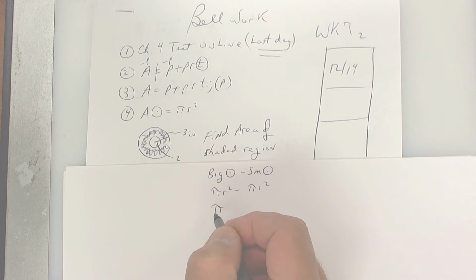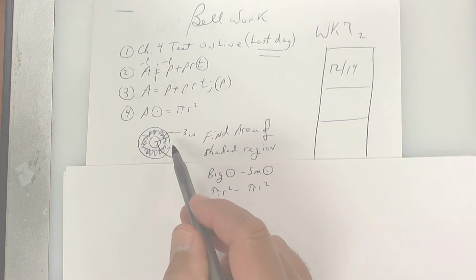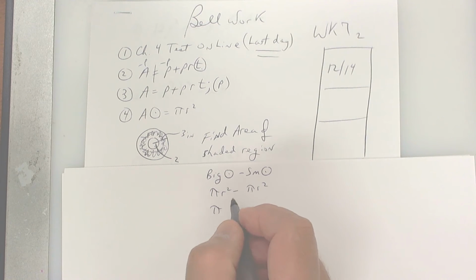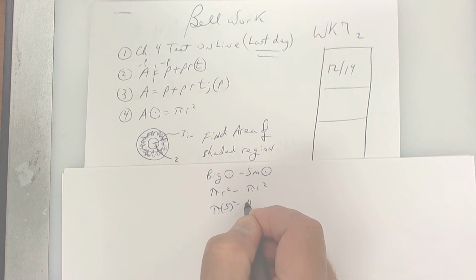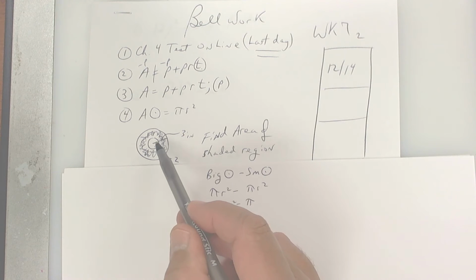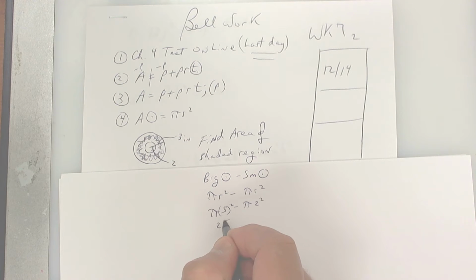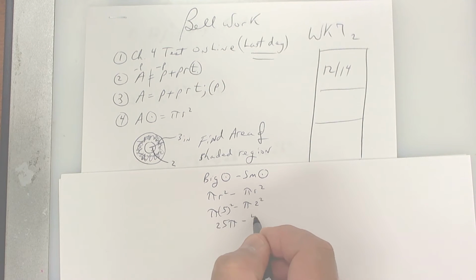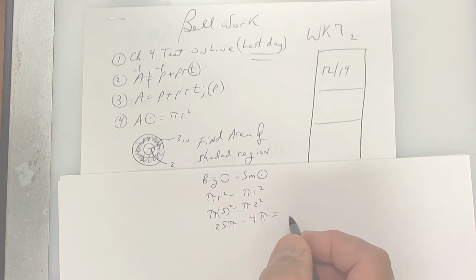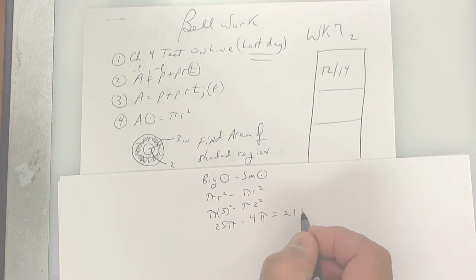You use the radius for the big circle, which is 2 plus 3, and that makes 5 squared. And then here, leave pi alone. The radius for the hole is 2, so that's 2 squared. So that's 25 pi minus 4 pi, and your answer is 21 pi.